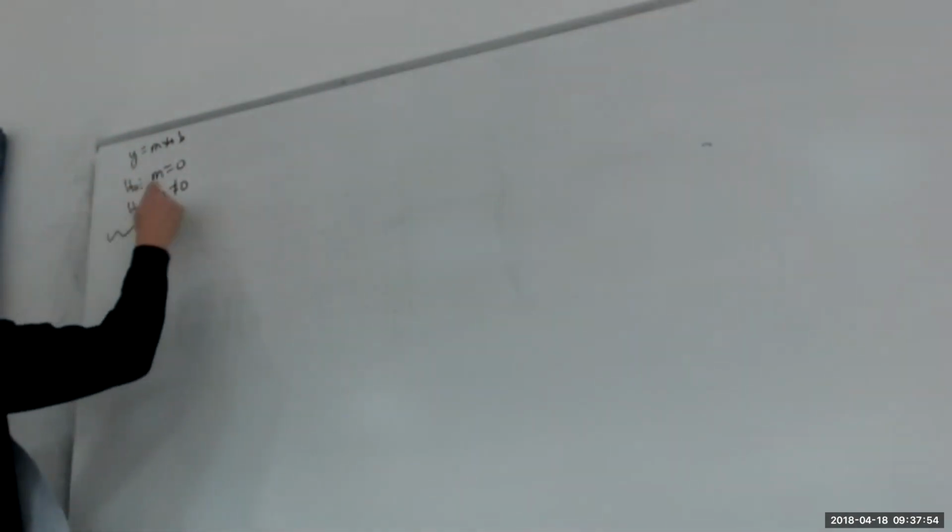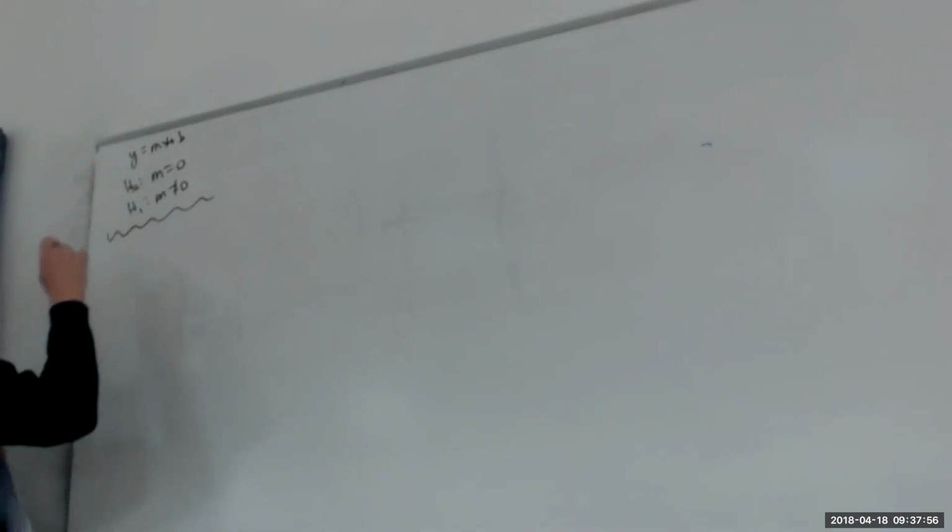Having said that, the book writes the equation not as y equals mx plus b. They write it as y equals b0 plus b1x. So if you write it this way, what should the null hypothesis be? b1 equals 0, and the alternative, b1 does not equal 0.